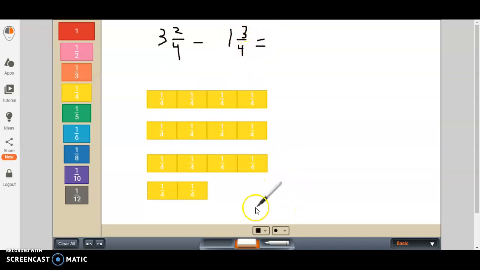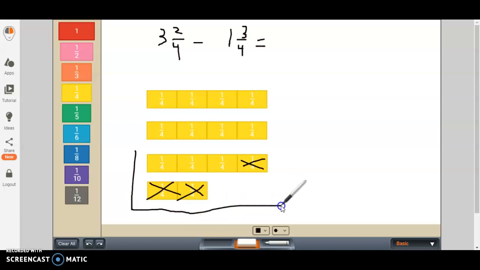Well, we can first think about it as take away 1, 2, 3/4. And if you look here, hey, we had to move up to the whole number here.